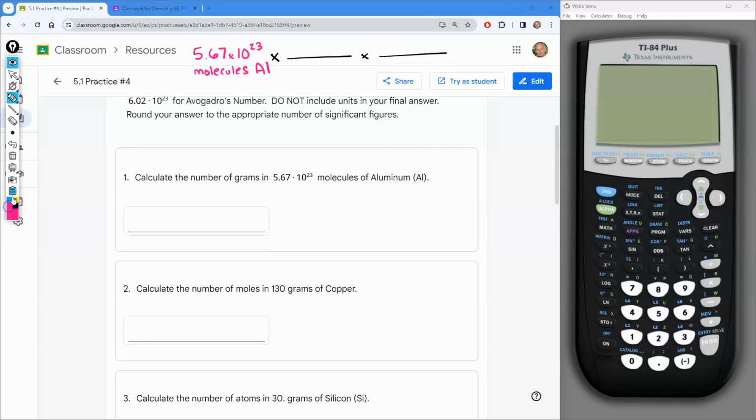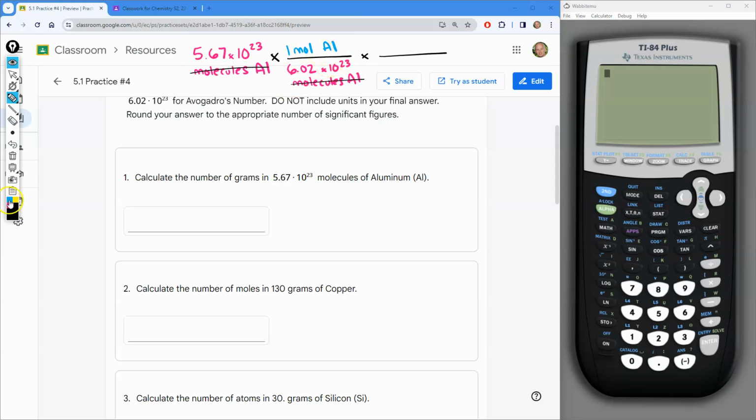So our first step, going from molecules to moles, we need to use Avogadro's number, which is 6.02 times 10 to the 23rd. You have that many molecules in 1 mole. Okay, and our molecules of aluminum are going to cancel out. So now we're in units of moles.